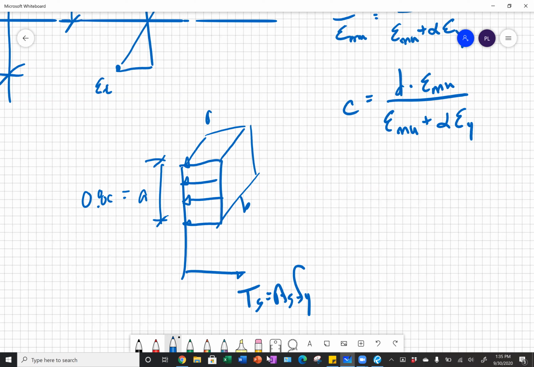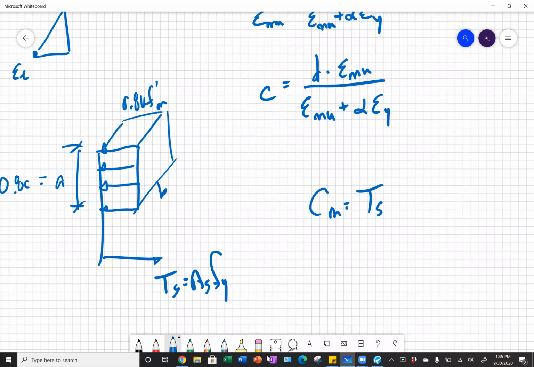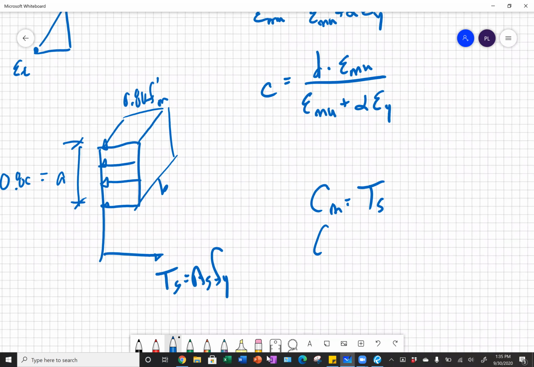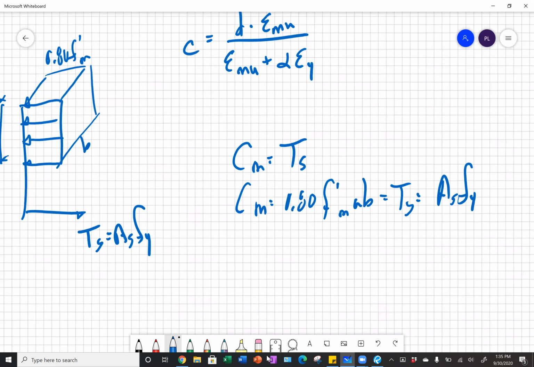And we know this is 0.80 f'm, the width of our rectangular stress block. And so setting our masonry compressive force equal to our tension force, we get 0.80 times f'm times a times b equals our tension force, equals our area of steel times our yield strength.